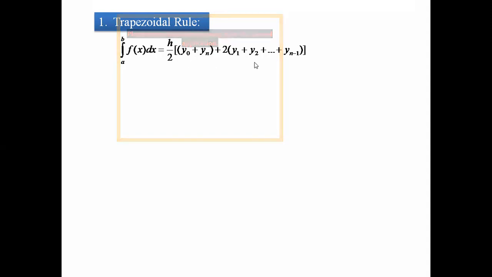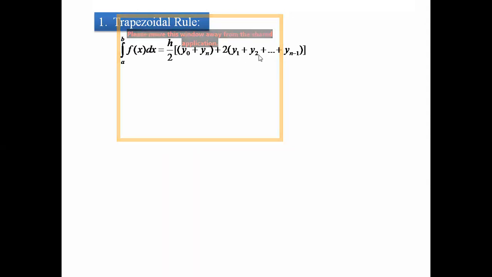Let them be y naught, y1, etc. Once these are known, in the trapezoid rule, the value of this integral is given by h by 2, which is common. Then see the first and last values. y naught is the value of y at a, yn is the value at b. That means y means f of x. So first and last you add, plus 2 times all remaining suffixes you add. That means y1, y2, etc., yn minus 1.